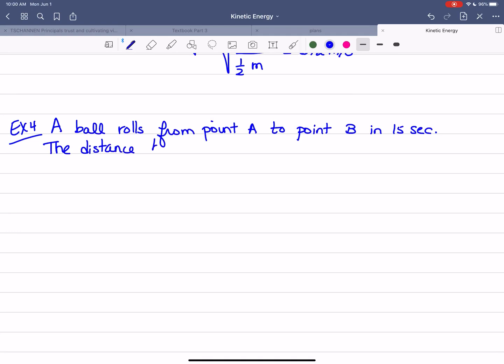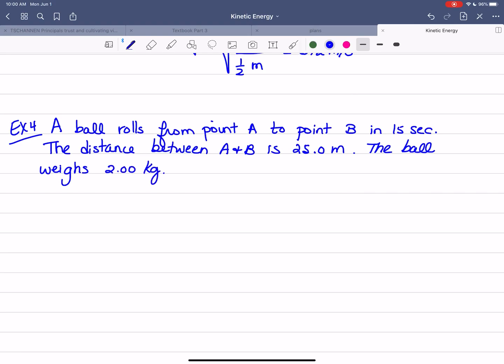The distance between A and B is 25 meters. The ball weighs 2.00 kilograms. What is the EK of the ball?